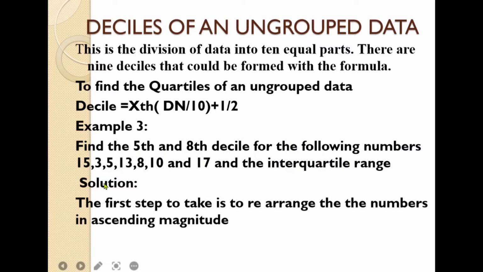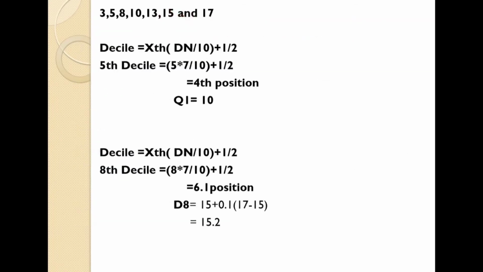So to find the 5th and 8th decile, the first step is to rearrange the numbers in ascending magnitude. After arranging it in ascending magnitude, we have this. So the 5th decile now becomes 5 times 7, which is the total numbers we have here, divided by 10 plus half. So 5 times 7, 35, divided by 10, 3.5 plus half. So the 5th decile lies on the 4th position.